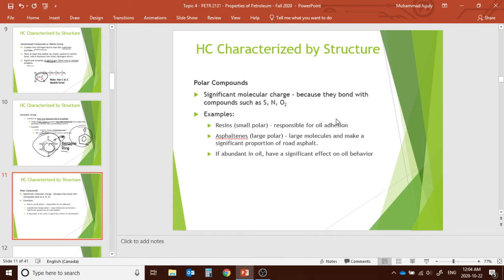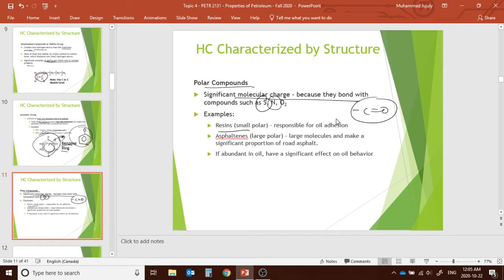Polar compounds have significant molecular change. For instance, if you have ketones, or any other, like sulfide, or with nitrogen, these we actually call the polar compounds, and there is a small amount of resins.